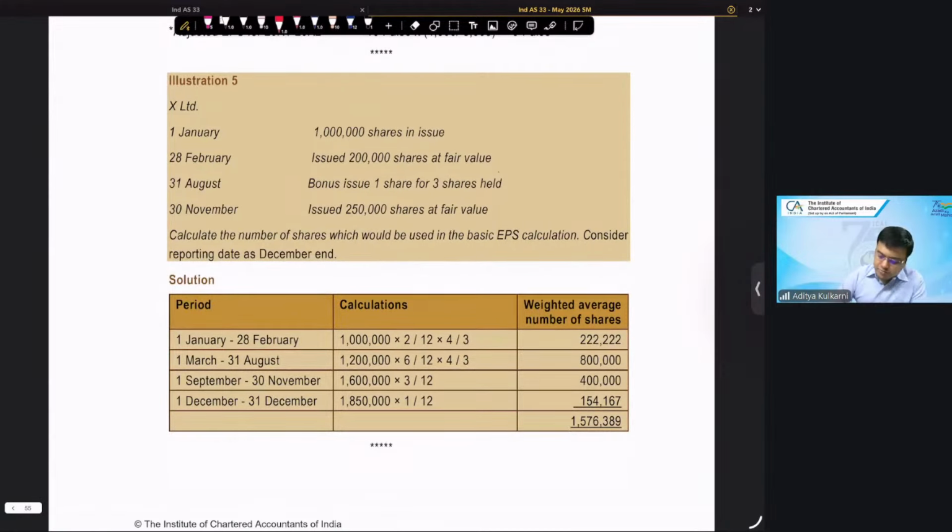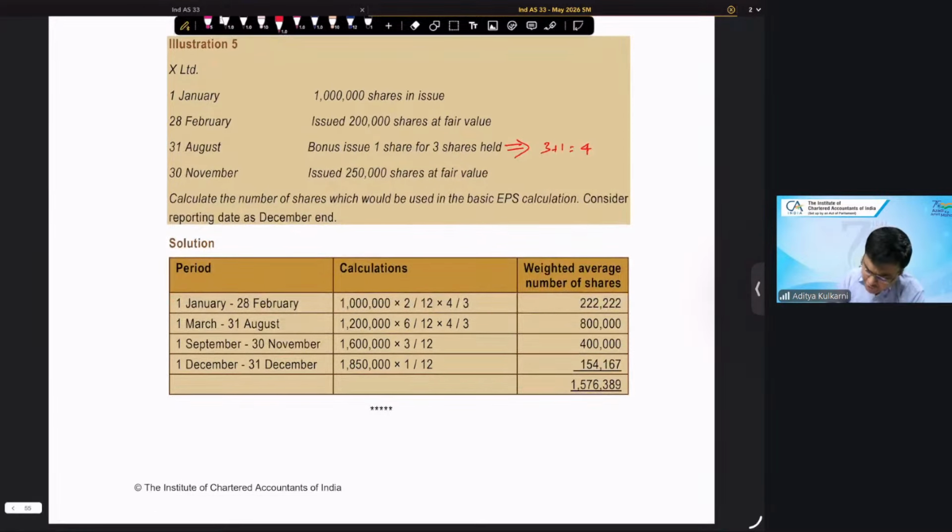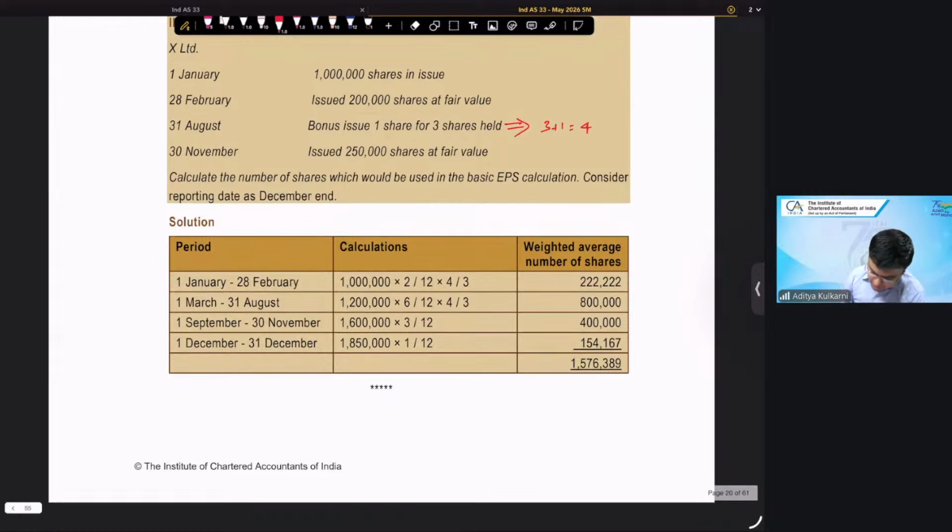So what we have here is a bonus issue of 1 share for 3 shares held. That means I had 3 shares and I get 1 bonus share, so my number of shares in issue after the bonus is 4. Are we able to follow? Yes. So therefore, I have to calculate something known as the bonus adjustment factor.